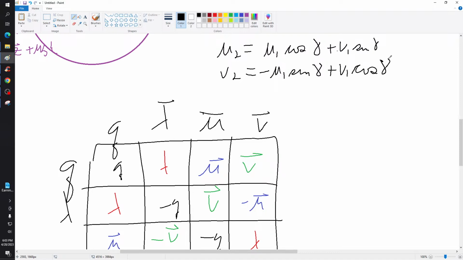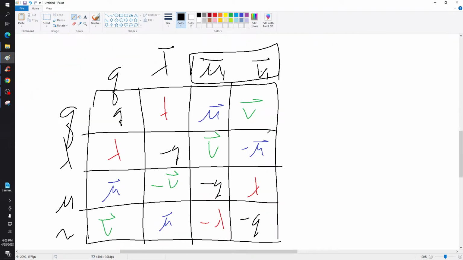As long as you rotate the original axes according to this, the normal properties will still hold for mu2 and nu2.